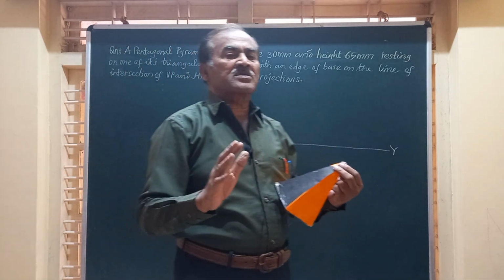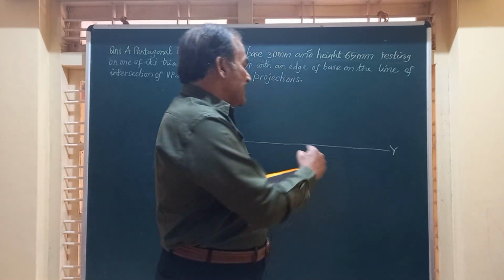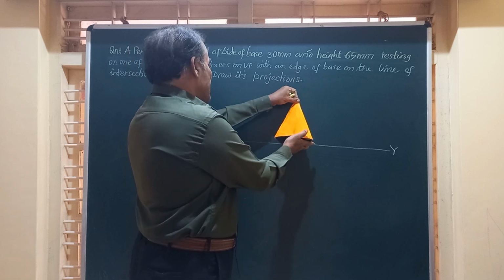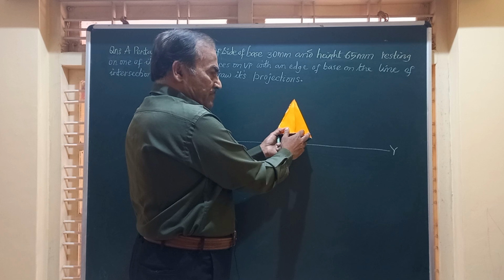The line of intersection of VP and HP is the line XY. So finally the short edge should lie on that. The triangular face totally should be on VP.